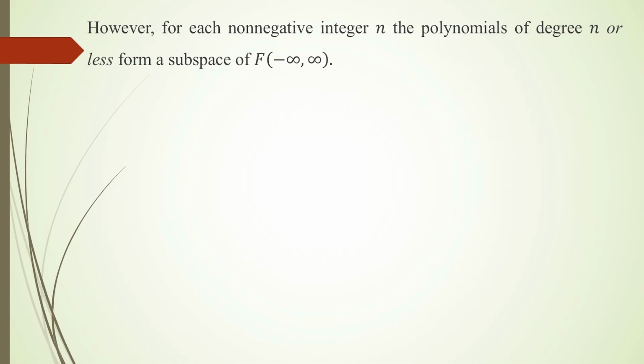The degree of the sum will always be less than or equal to n. So, the set of all polynomials of degree less than or equal to n forms a subspace of F minus infinity to infinity, and we will denote this space by Pn.